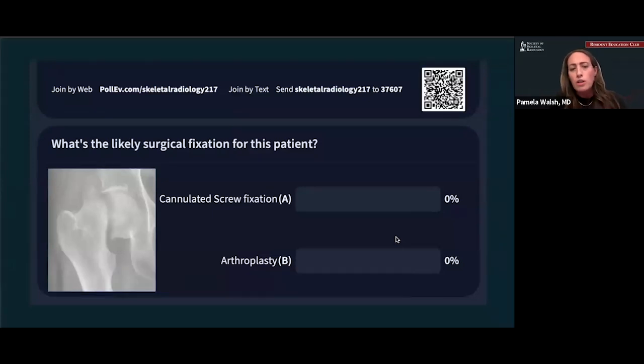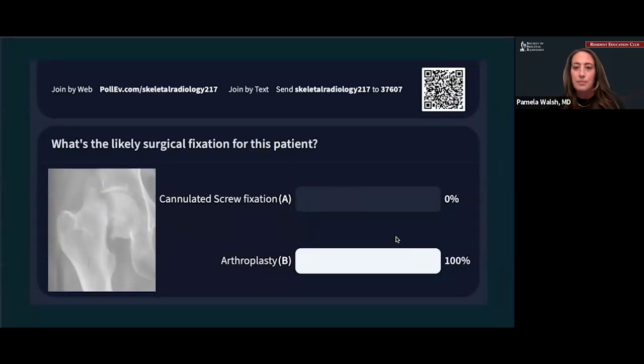So we see this fracture here. What do you think is going to be the likely surgical fixation that the surgeon's going to do? Okay, good. So we have a subcapital fracture that's completely displaced. So it's going to be at high risk for avascular necrosis and malunion because of where the fracture is and because it's displaced. Excellent.